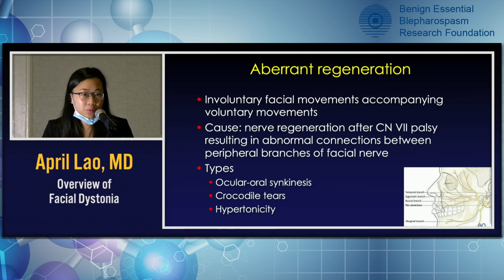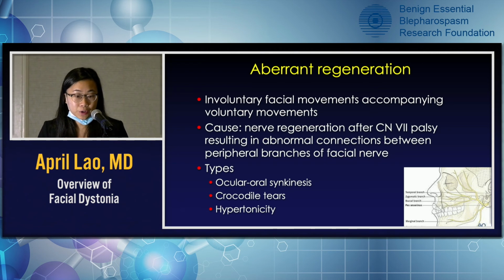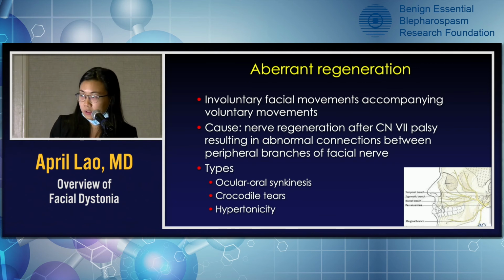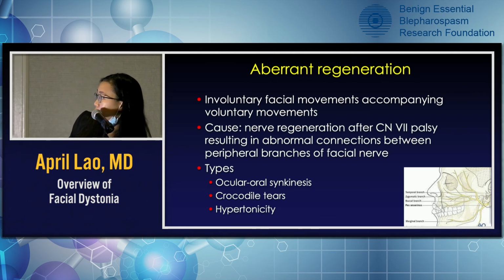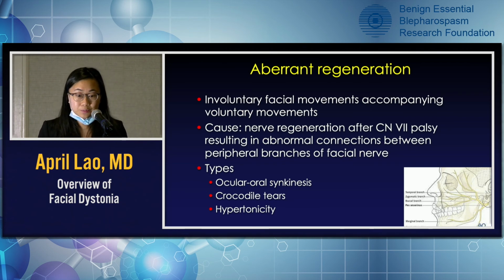And then lastly, I wanted to talk about aberrant regeneration of the facial nerve. This is also in its own separate category as it is an involuntary movement, but it's accompanying a voluntary movement. The cause is nerve regeneration after a facial nerve palsy, resulting in abnormal connections between the peripheral branches of the facial nerve. So these branches out here on the face will form abnormal connections between them.